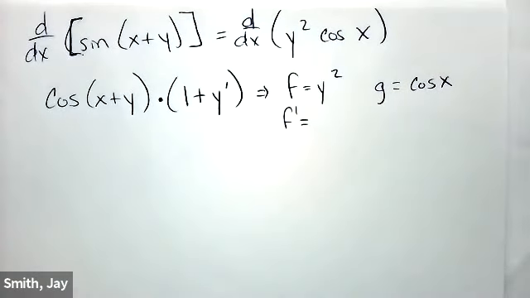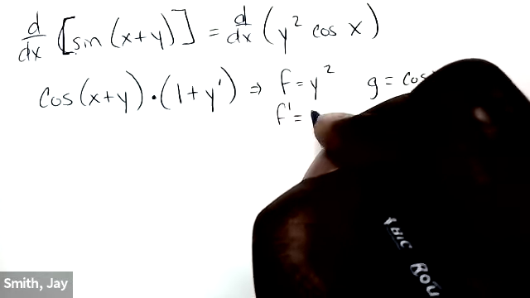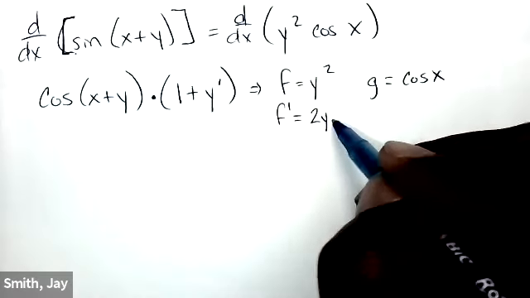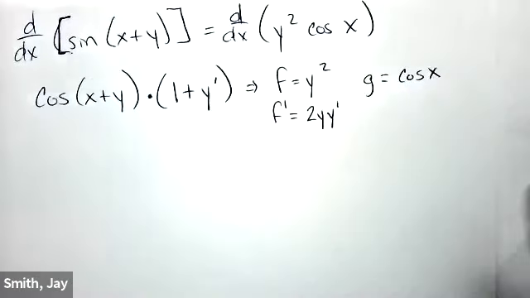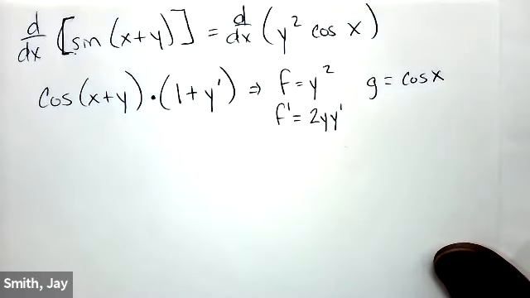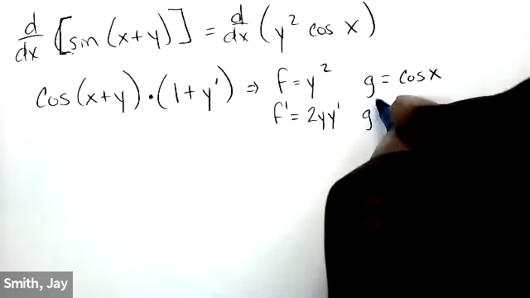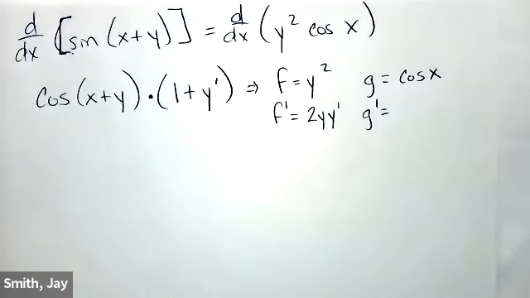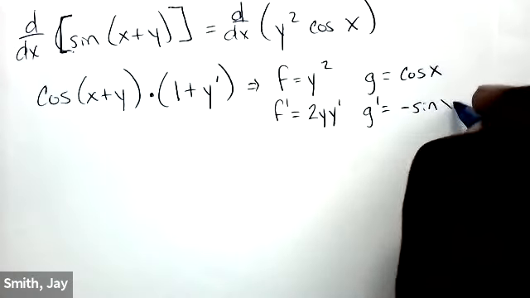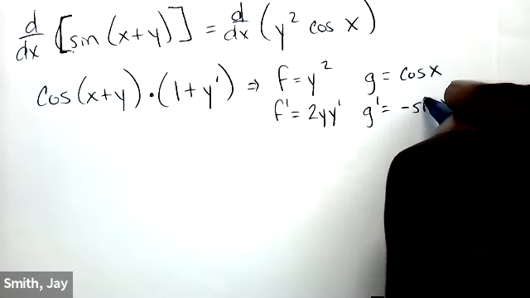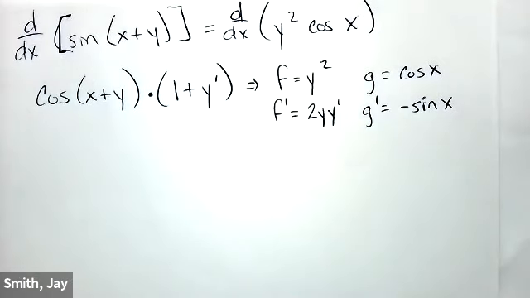Given that f is y squared, f prime, the derivative of y squared, will simply be 2y. We're taking the derivative of something defined by y, so we must attach a y prime to it. Given that g is cosine x, g prime, the derivative of cosine x, is negative sine x.